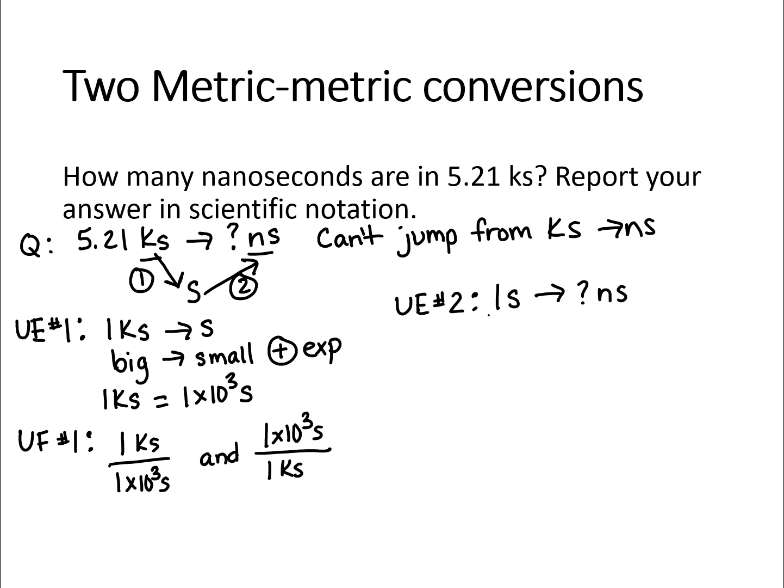Yeah, we're going big to small. So again, we're expecting the number of nanoseconds to be bigger than 1. So there should be a positive exponent. So there's our unit equation for that one. Now we have to write the unit factors.